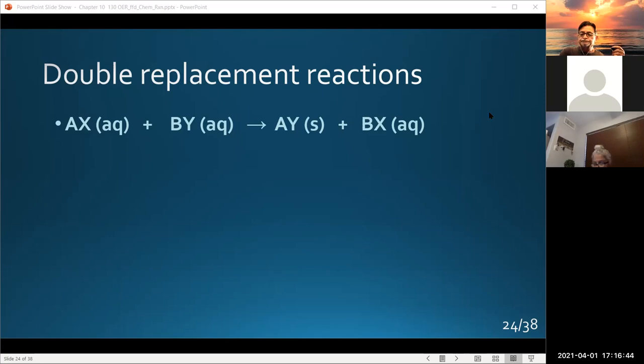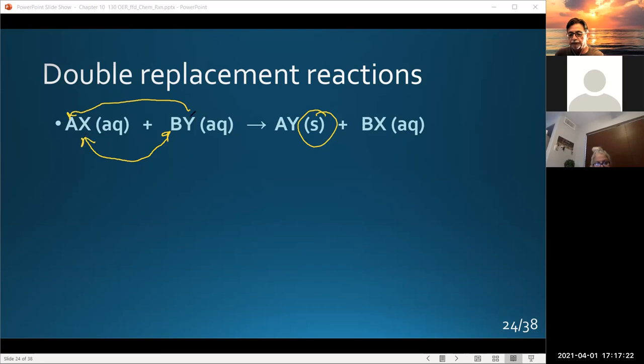Now, here, the double replacement reactions. The thing about these reactions, as I mentioned before, is they require you to use the solubility rules to determine whether a reaction proceeded. Because in this generic example here, both reactants are soluble in water, and they essentially just exchange partners.